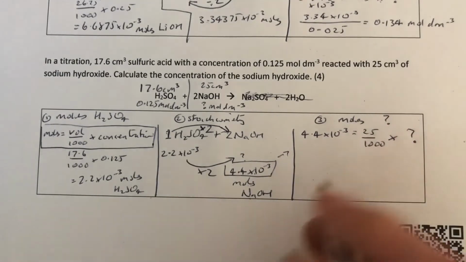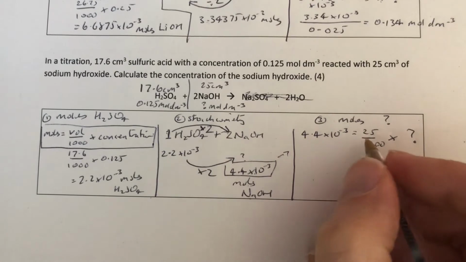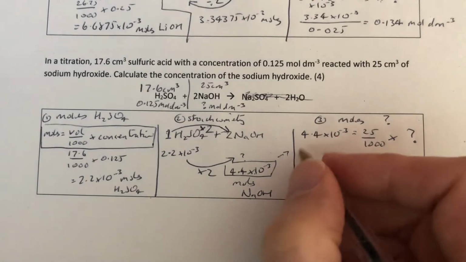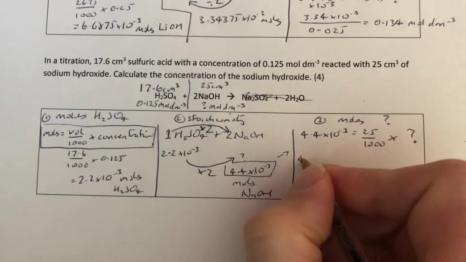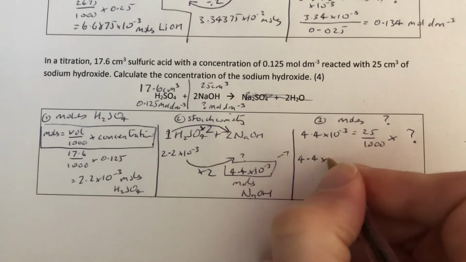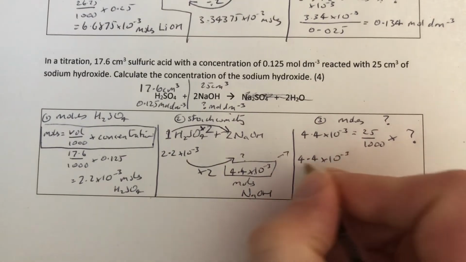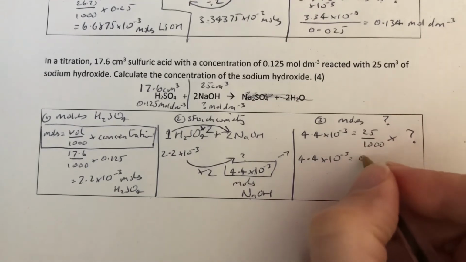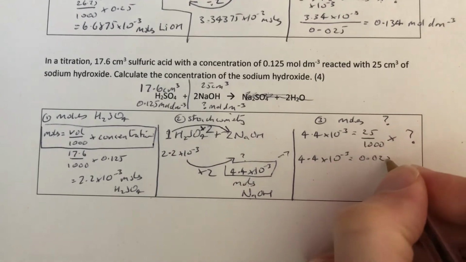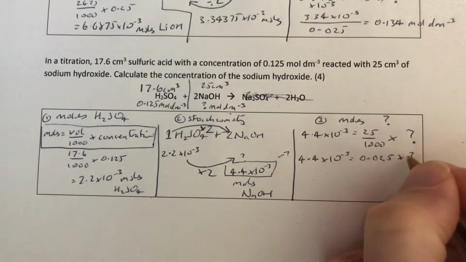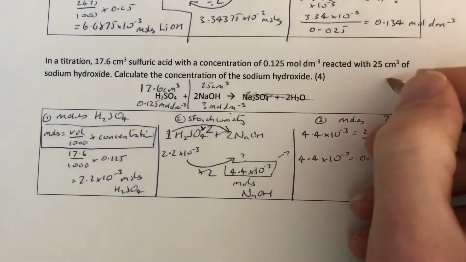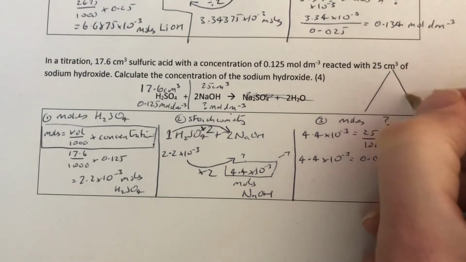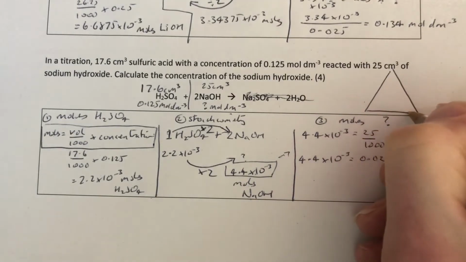So we need to rearrange this. First thing I always do is just work out this 25 divided by 1,000, because it just makes the rearranging easier. I can put it into a formula triangle. So 4.4 times 10 to the minus 3 equals 25 divided by 1,000, which is 0.025 times question mark. Okay, so I now use formula triangles to rearrange because I never make mistakes if I use formula triangles.